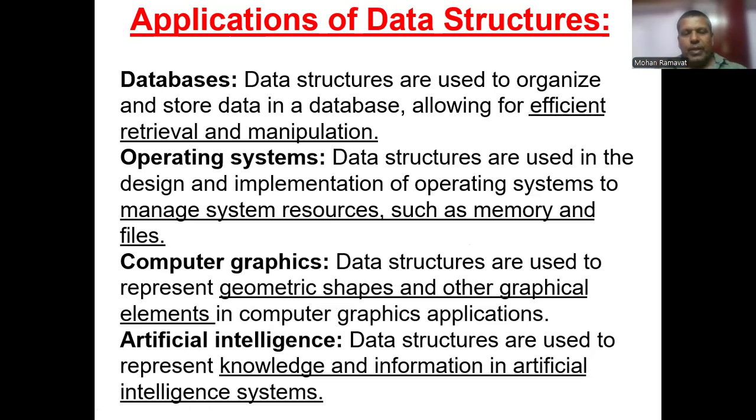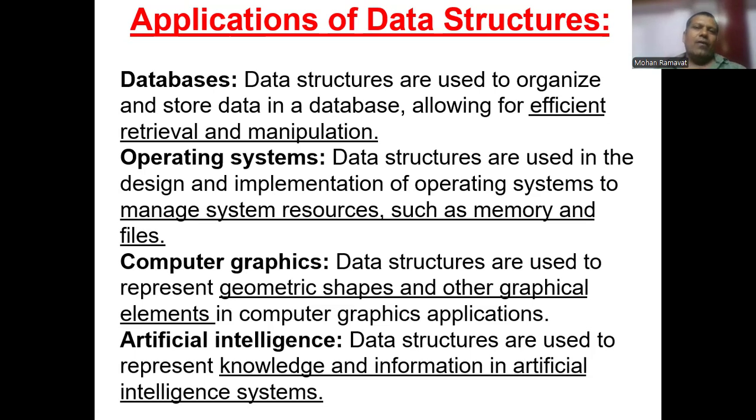Nowadays, you might be aware that artificial intelligence is creating wonders, right? Data structures are used to represent knowledge and information in artificial intelligence systems. For example, when we visit the malls, the doors automatically open and close. There are sensors, where artificial intelligence is at work, and also the application of drones.